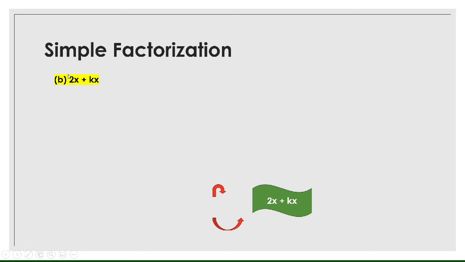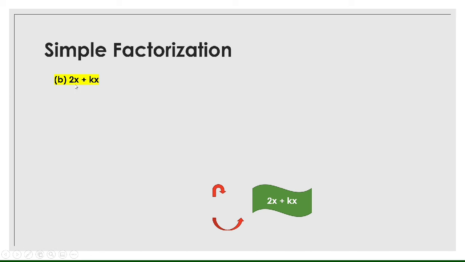Kasi dito, ang numerical coefficient ay 2. Andito naman, ang numerical coefficient ay 1. Bakit 1? Kapag nakita nyo na ang isang variable ay wala siyang kasamang numerical coefficient, automatic na ang numerical coefficient niya ay 1. Why? Because 1 times kx would also give you kx as well. So you just omit the 1 on the first side.